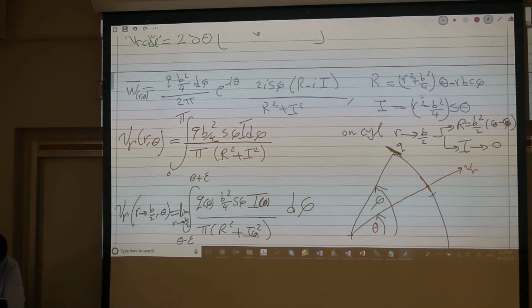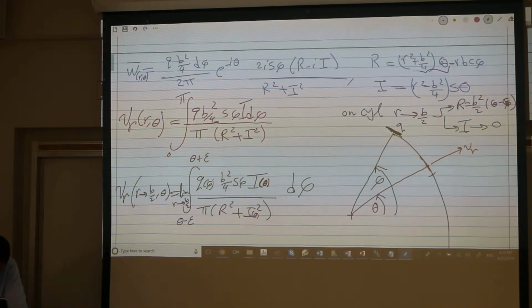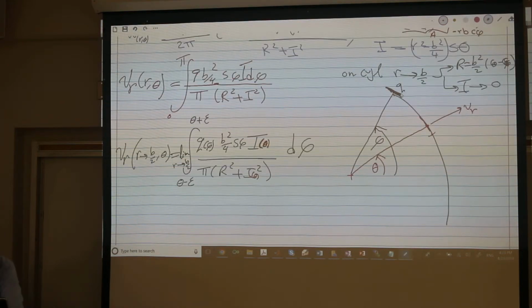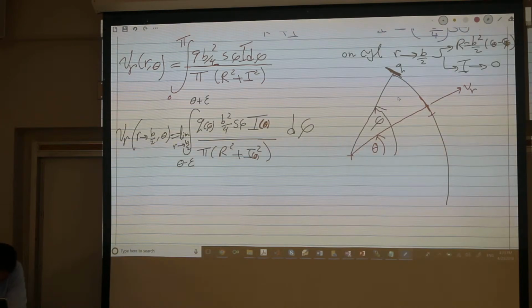So I will write R as A minus RB cosine phi. Okay. So we have VR at R goes to B over 2, and theta is equal to the limit. Let's get the constants outside.